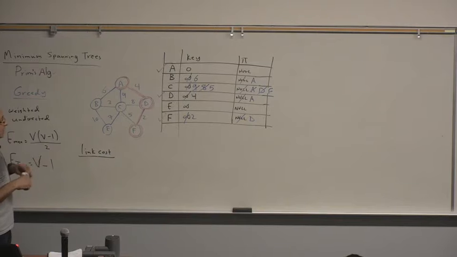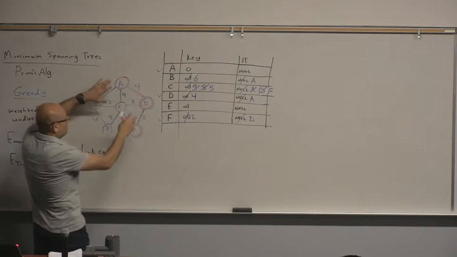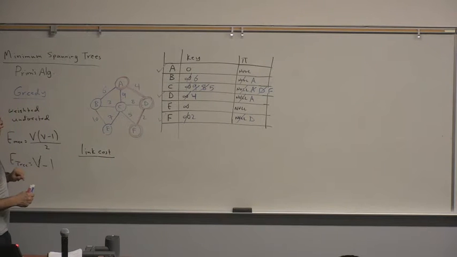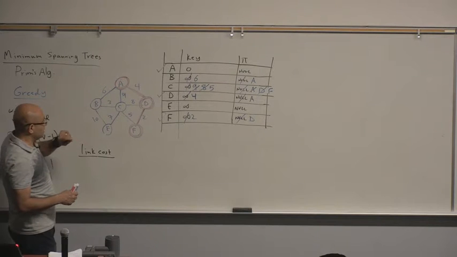This is the intuitive idea, that you always have a subset of the vertices that are connected, and you are trying to connect one of the remaining vertices, and there is no better way of connecting one of the remaining vertices.